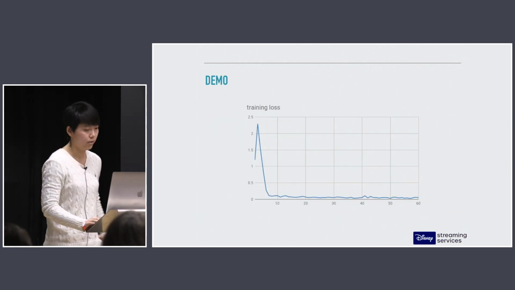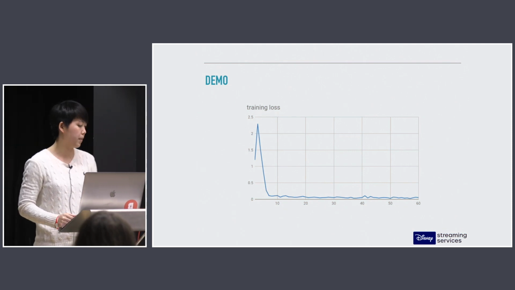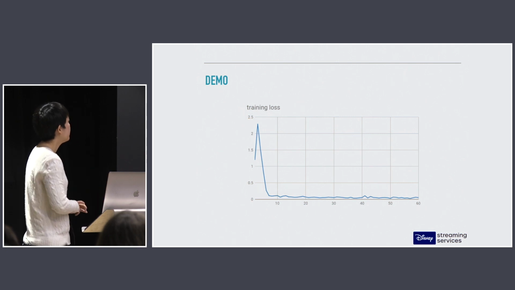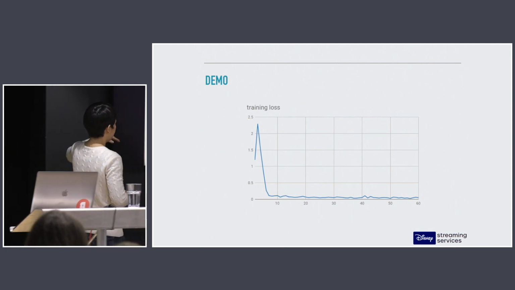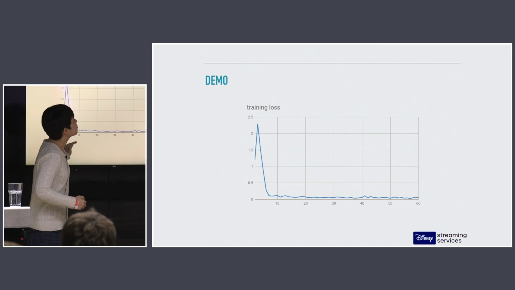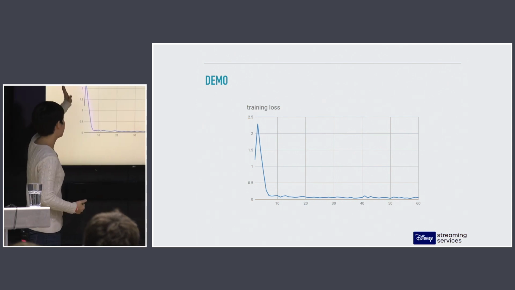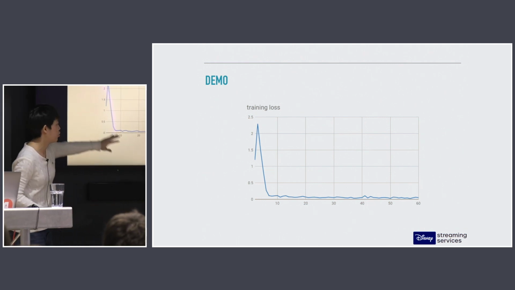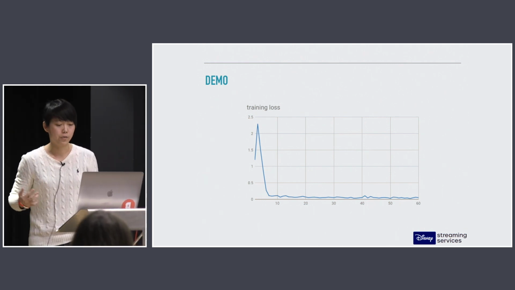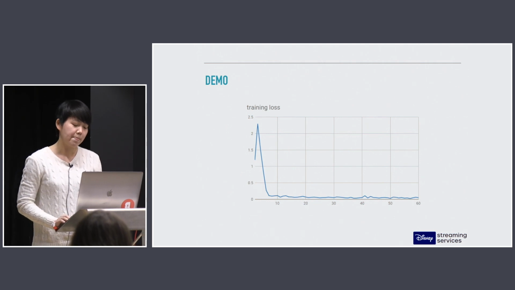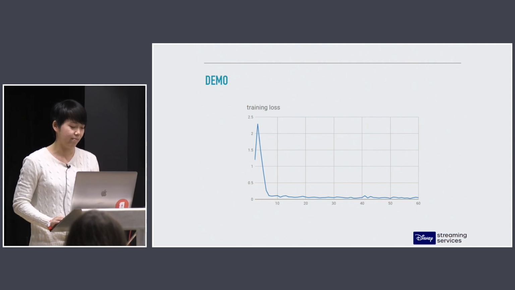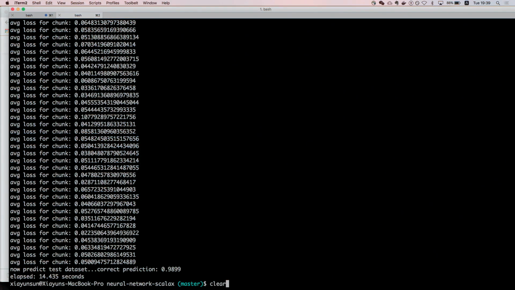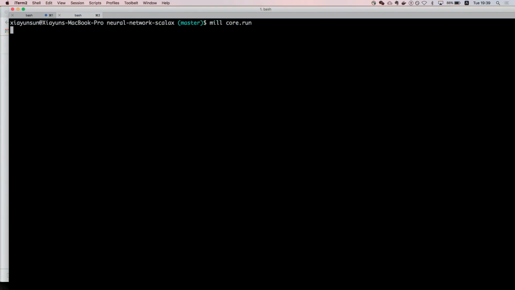So we can run the demo. This is the way you usually present your model in machine learning: number of steps and loss function. In this case, you can see the loss function drops pretty sharply, very quickly, which is expected because, I mean, if you can't train on MNIST, then you're pretty much screwed.